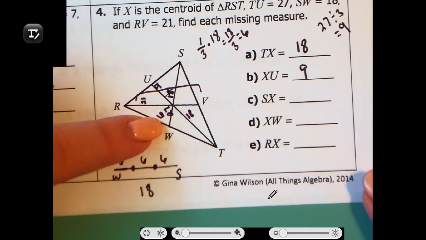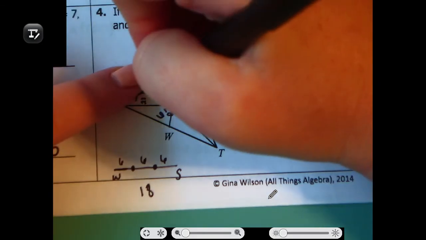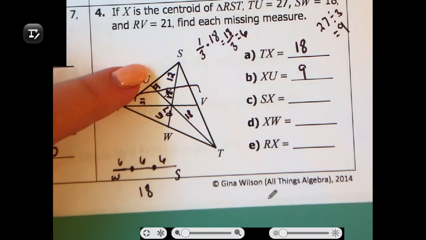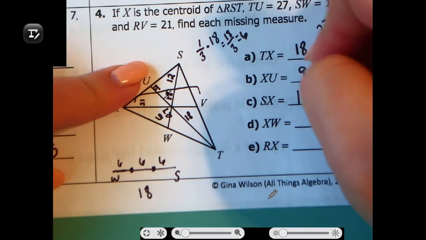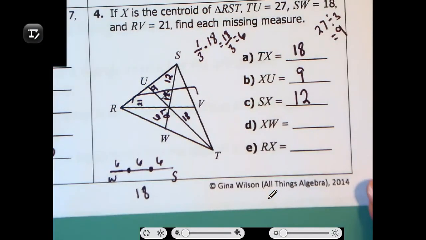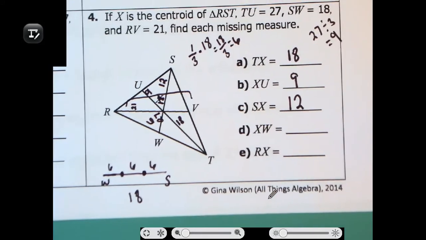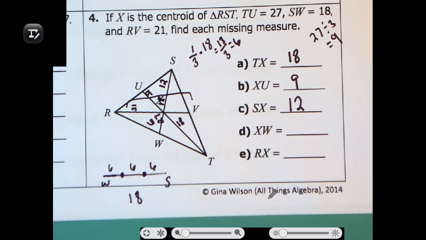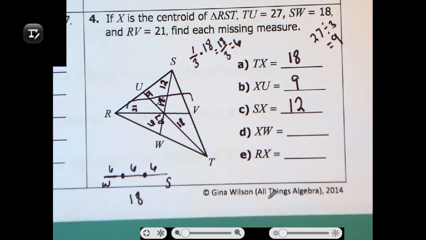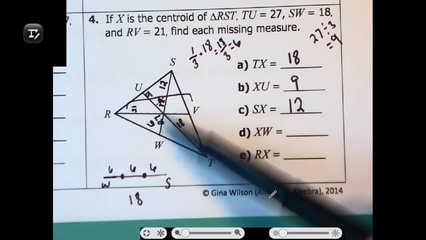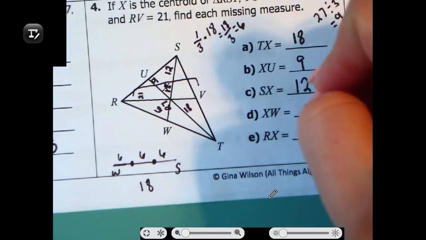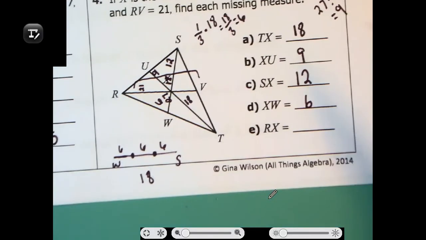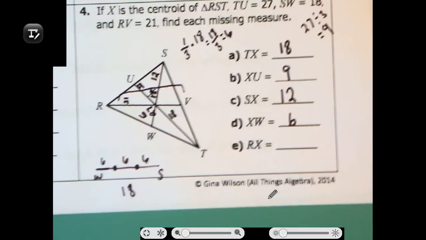Okay, and then if I double that, then I get that this longer part is 12. So that means that SX would be 12. Now let's do XW, so the shorter part of it. So if this longer part is 12, half of that is 6. So a third of that 18 is 6. So 18 divided by 3.